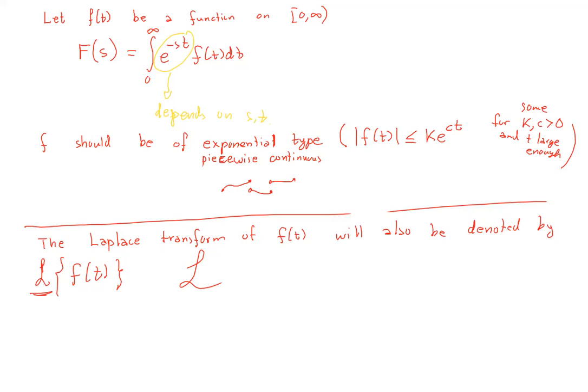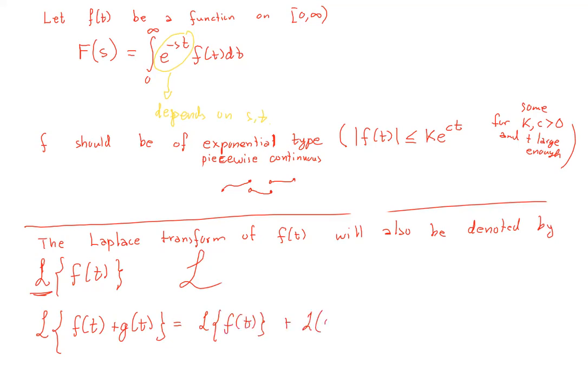And my first task is to identify the fact that the Laplace transform is a linear map, as we say. If you feed it the sum of two functions, it will spit out the sum of the Laplace transforms.